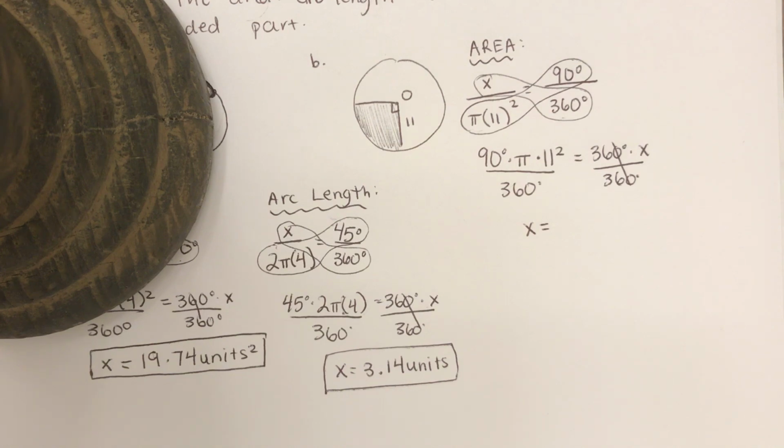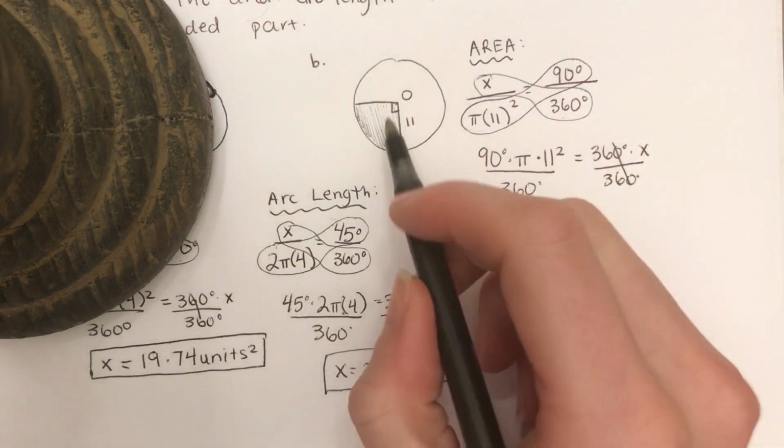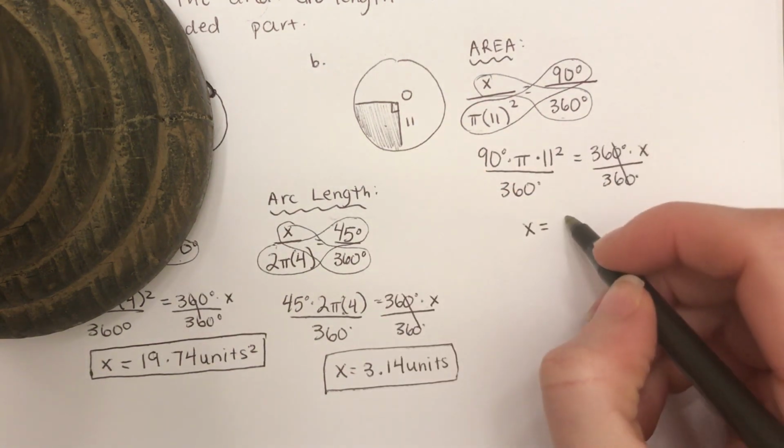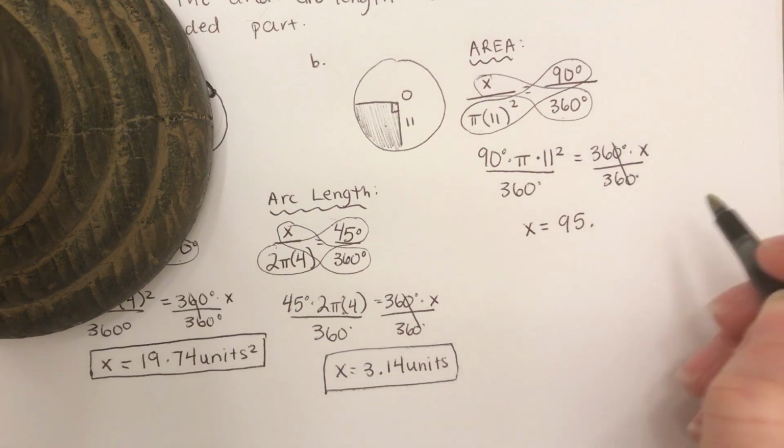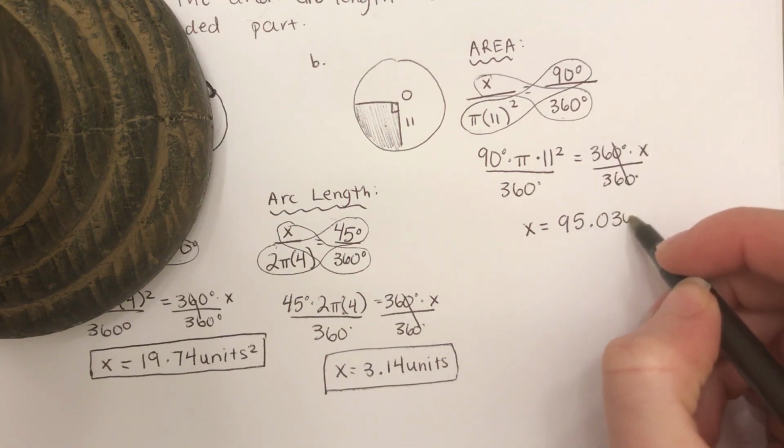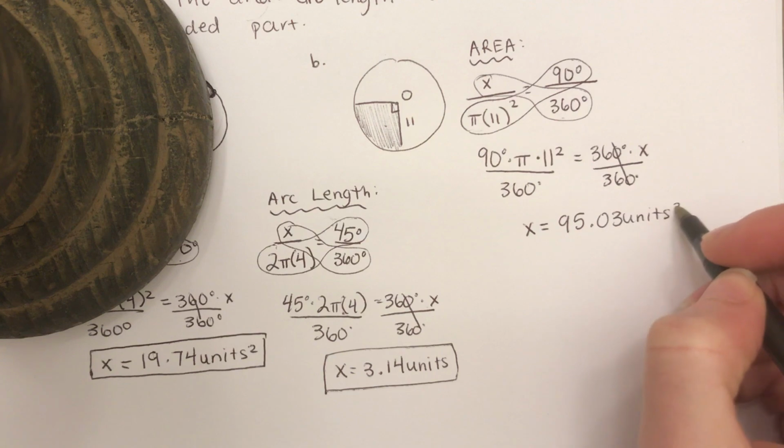It is also up to you if you want to do this step by step or just type it in all at once into your calculator. Just make sure you round at the very end. So the area of this shaded portion is 95.03 units squared.